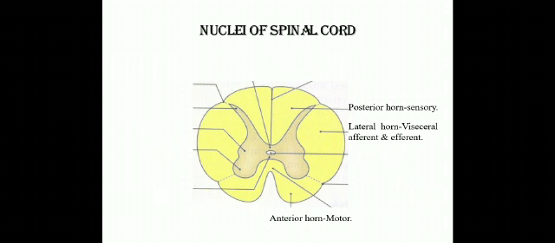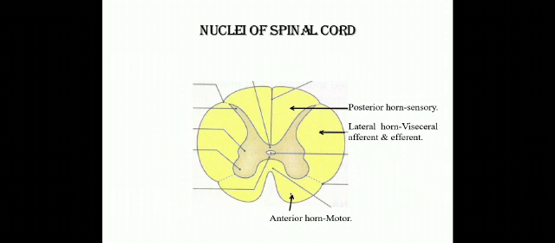So, the nuclei of the spinal cord. The grey matter of the spinal cord is arranged in 3 horns. The anterior horn, which is motor in function, the lateral horn, which includes the visceral efferent and afferent function, and the posterior horn, which is sensory in function.